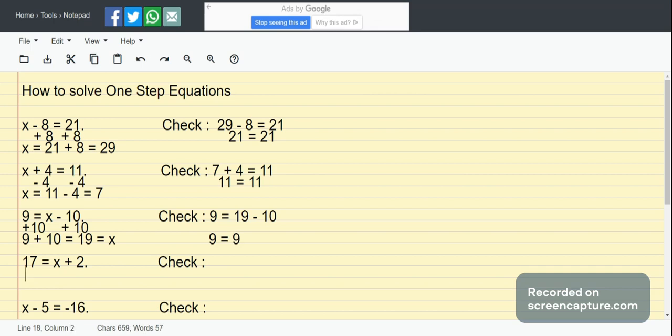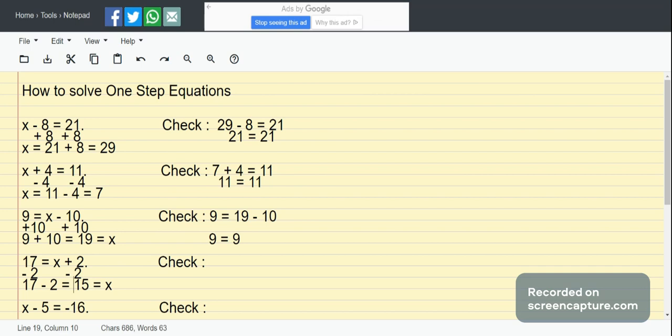And next is 17 equals x plus 2. So to get rid of the positive 2, you subtract 2 from both sides. And that makes it 15 equals x, because 17 minus 2 equals 15.